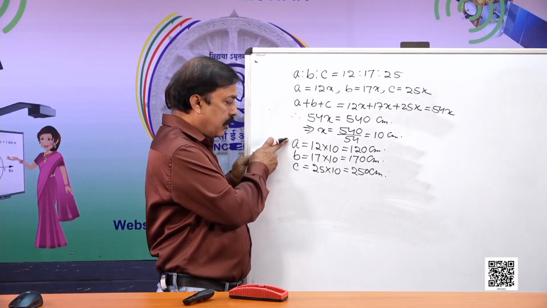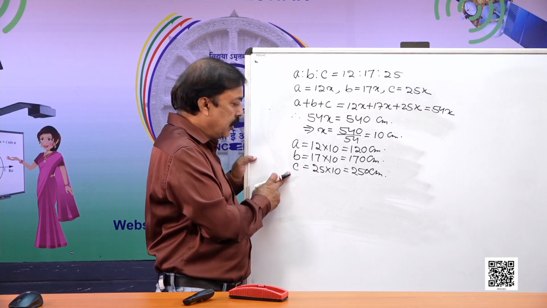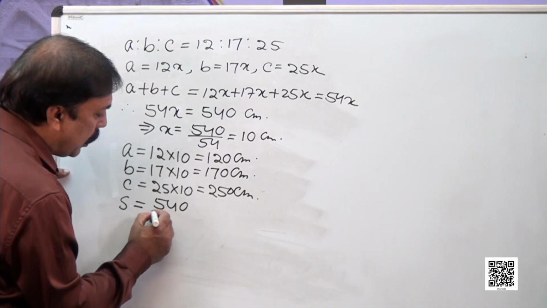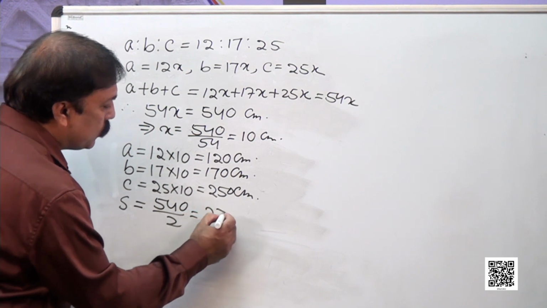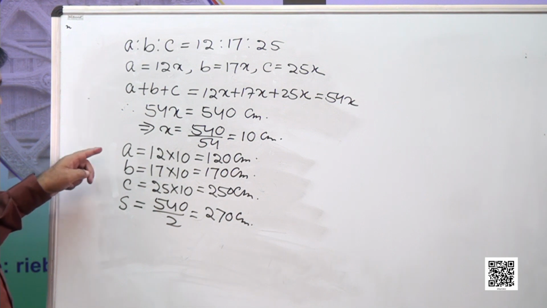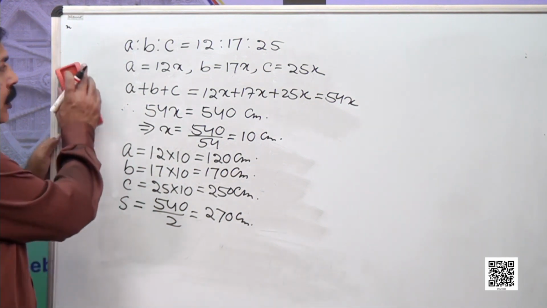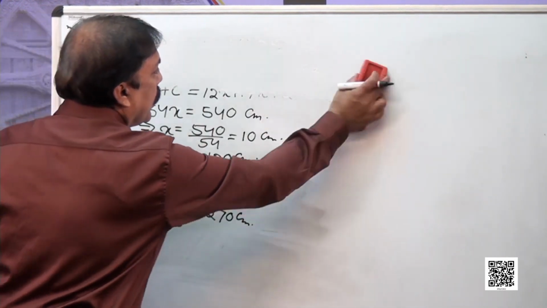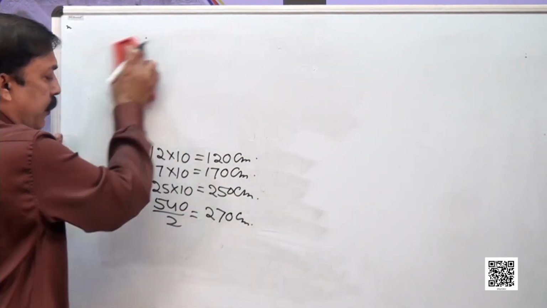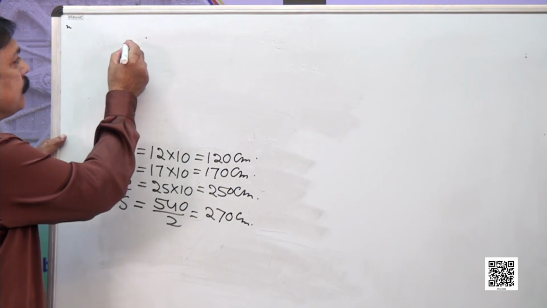Now we got A, B, C. Now what is S? S equal to perimeter by 2, that is 270 centimeter. Once we got A, B, C and S, we can easily find the area by using Heron's formula. What is that?